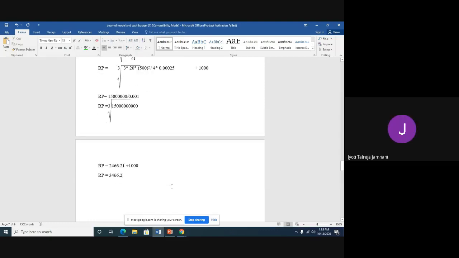Anybody who could not get the cube root sign on your scientific calculator, you have to first press shift and then press the x raised to 3 sign.